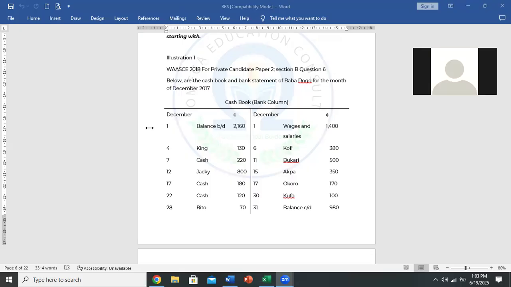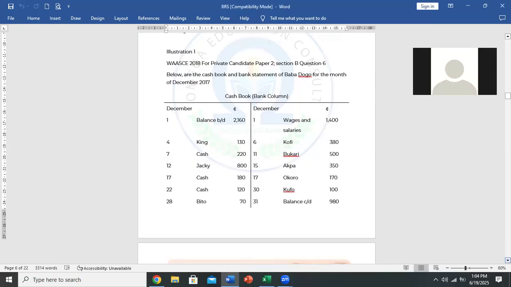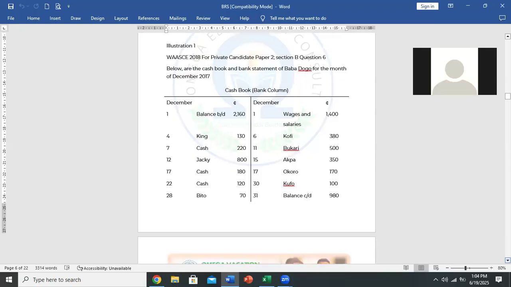WASSCE 2018 for private candidates, paper 2, section B, question 6. Below are the cash book and bank statements of Baba Dogo for the month of December 2017. December 1st, balance brought down 2,160.